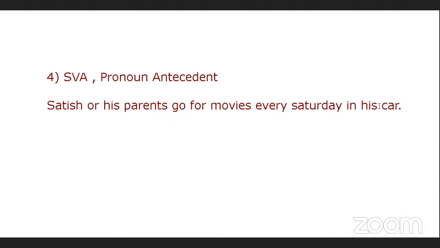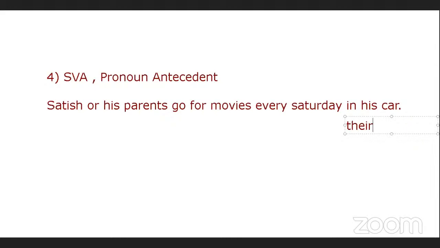Now, the other aspect is the pronoun antecedent. The pronoun his should refer to whom? To Satish or parents? I'll give a clue. The verb is referring to parents. So, what should the pronoun refer to? Very good. The pronoun should also refer to parents. Parents is plural, right?